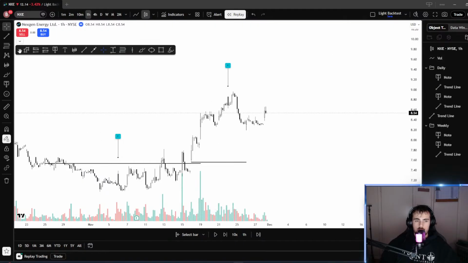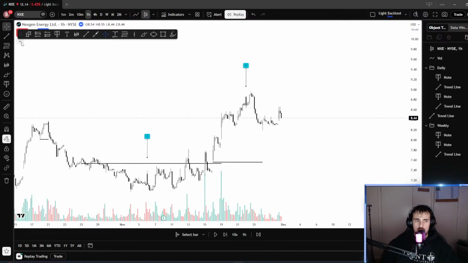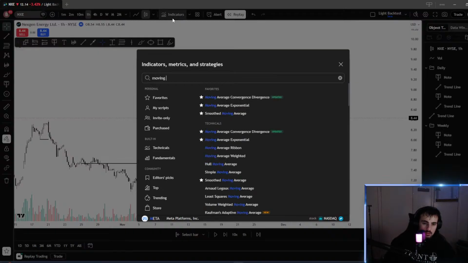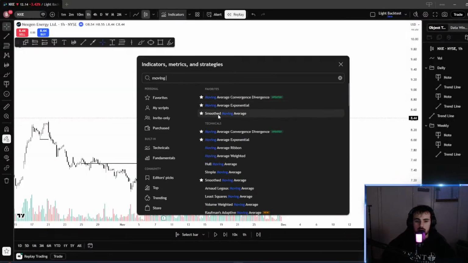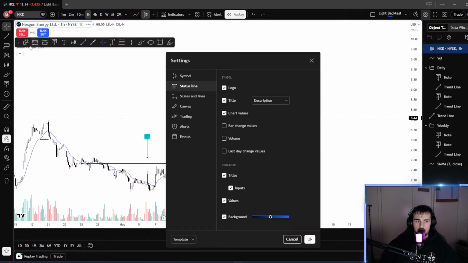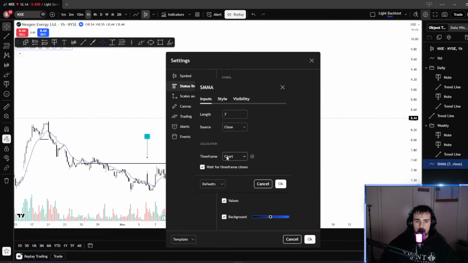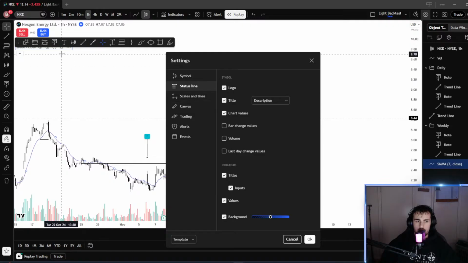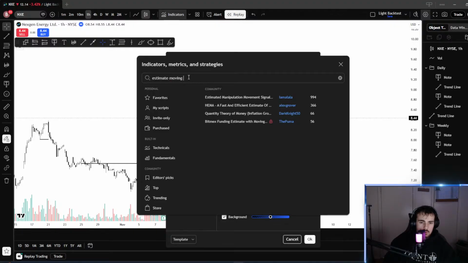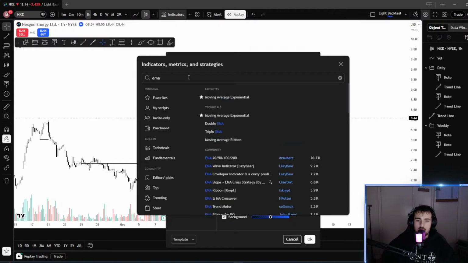Okay, so I'm waiting for an accumulation. And I should have MAs on my chart. I don't know where my MAs went, which is weird. Estimated moving average, EMA.